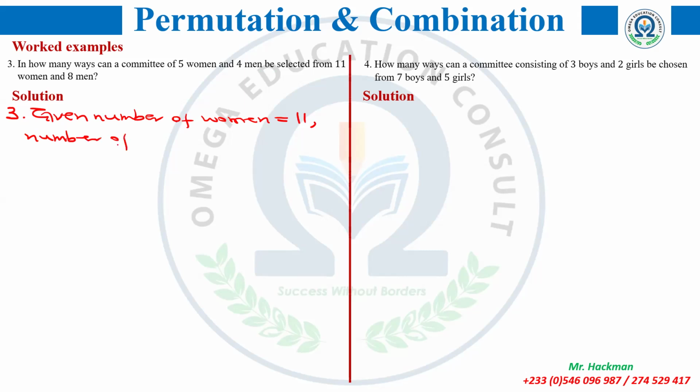I will always need my total, so I'll write my total first, what I will select from. And the number of men, what do we have? 8. But that's not all. We need the number of women to be selected and the number of men to be selected. So number of women to be selected. And you can see that I'm writing a lot, obviously, because this is the first example of this kind, to be selected.